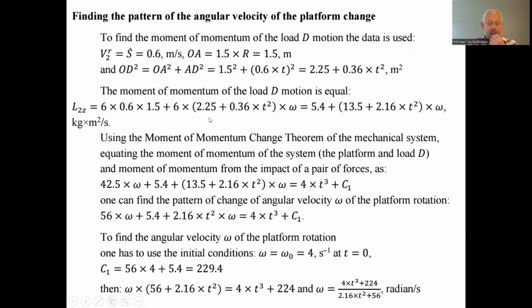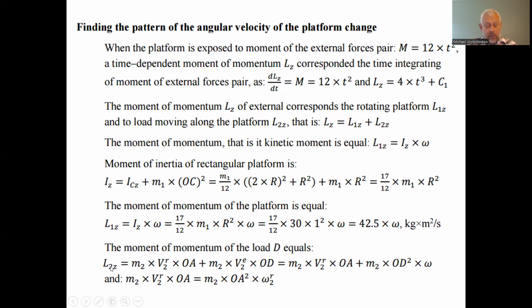Okay, we did substitute the t. And after that, we substitute into the definition of the momentum, the kinetic moment of the load when rotating in the complex motion relative to the applied axis Z.